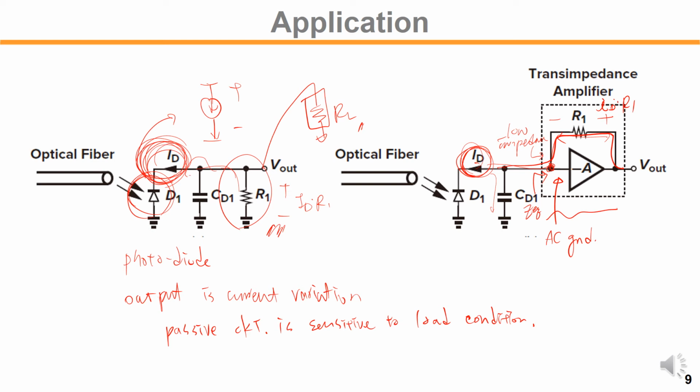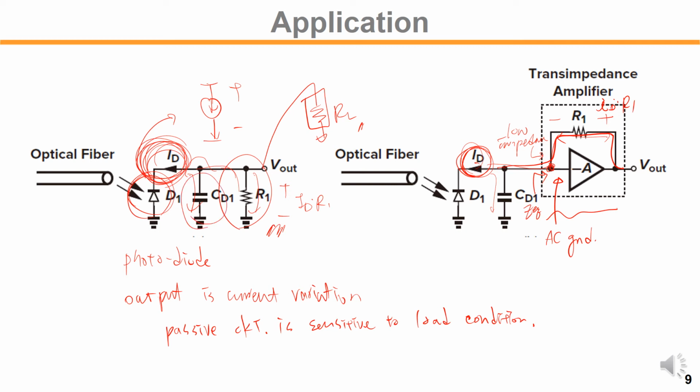Part of the ID will flow through the capacitor, and part of the current will flow through R1. The output voltage will be large only if most of the ID current flows through R1. Then it becomes the max gain and max signal voltage.